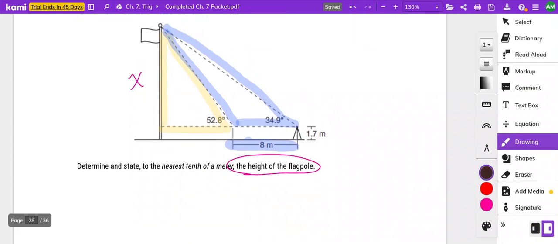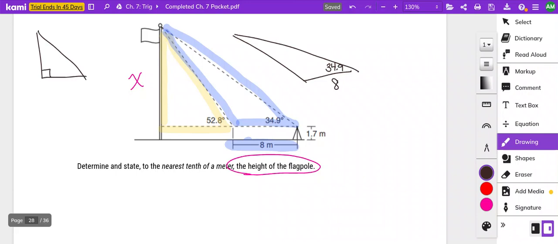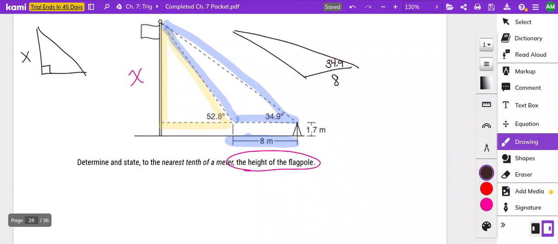So I'm going to redraw it. It's a sketch, so it doesn't look perfect. 34.9 is here, and I know that this bottom is 8. On the other side, I'm going to redraw my right triangle. Ultimately, I'm going to use it to find X, and I have a 52.8 degree angle there, but I don't know anything else.